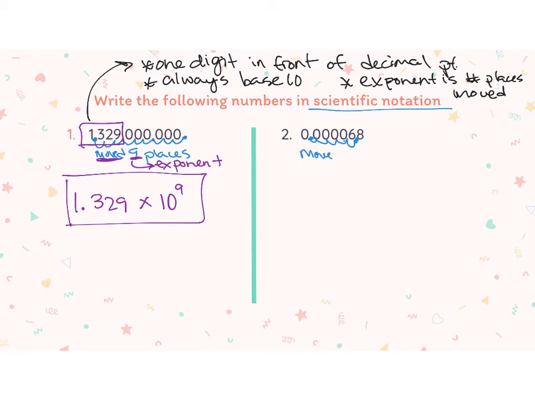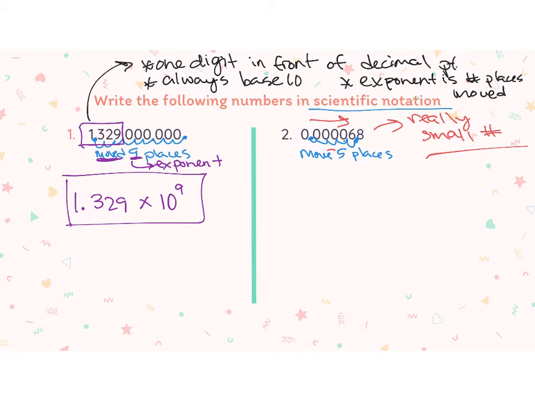Now here's where things are a little bit different, okay? This is a really small number, and a really small number means that I actually need to treat this as a -5. I moved in the other direction. I moved my decimal point to the right. So that means this is a -5 because I'm looking at a really small number.